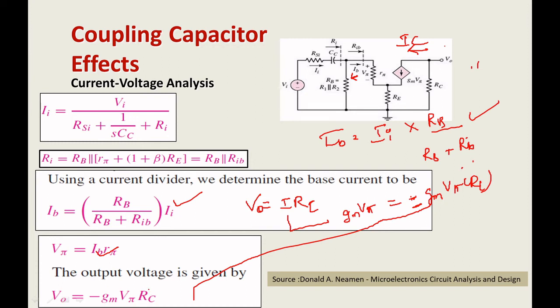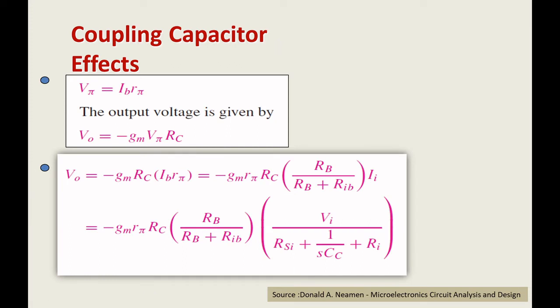I hope it is clear. Continuing from where we discussed: GM V pi RC. We already know V pi is IB R pi, so it is written as GM RC IB into R pi.